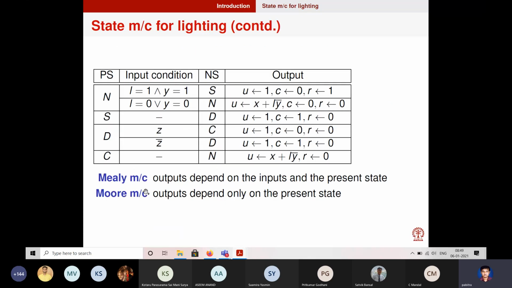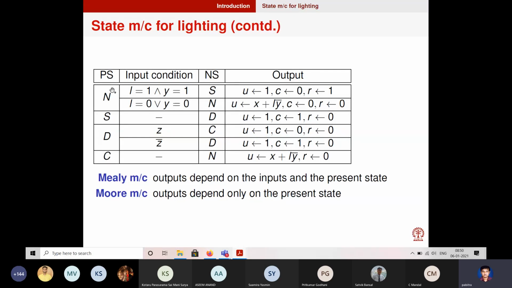Okay, so we can kind of represent it like this. The first column is not exactly a truth table. I should say this is a state table. Now we are looking at the state of the counter.